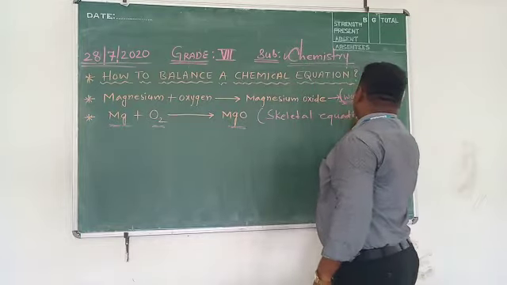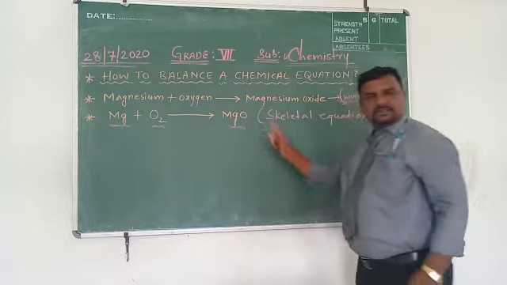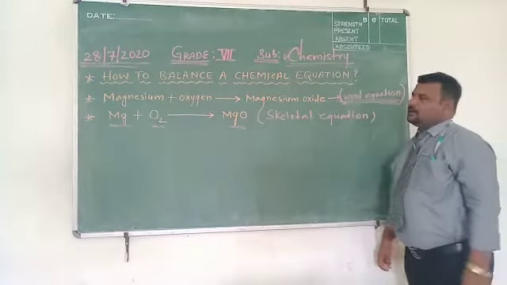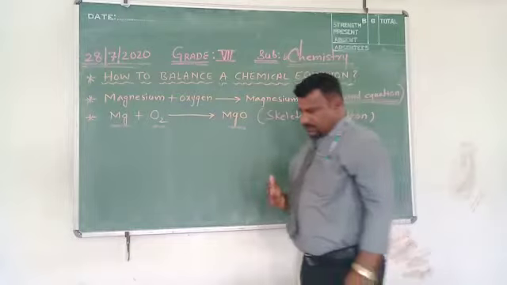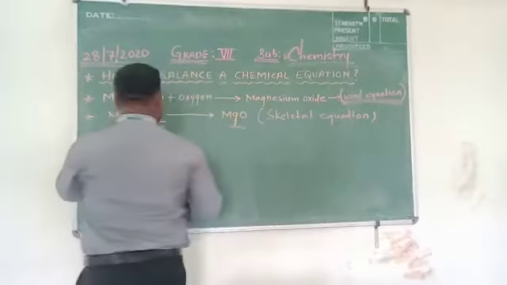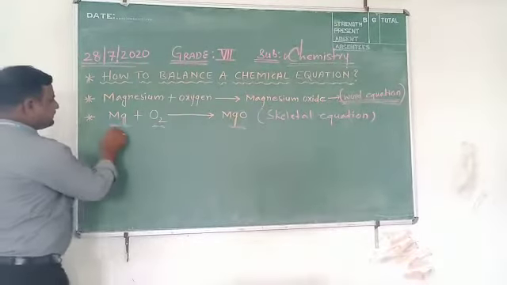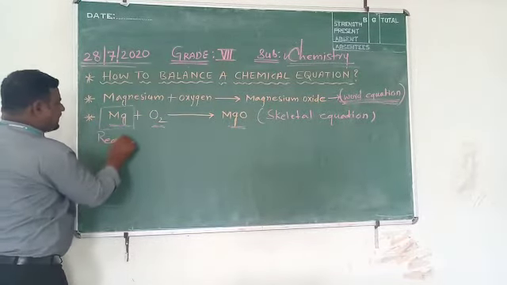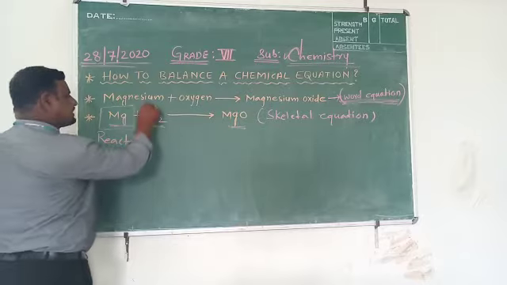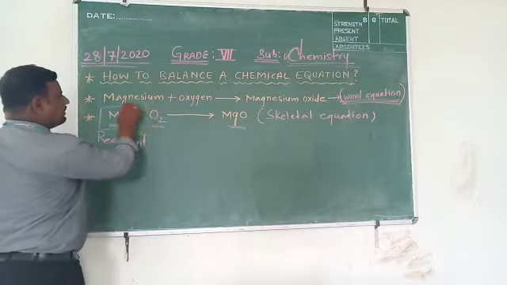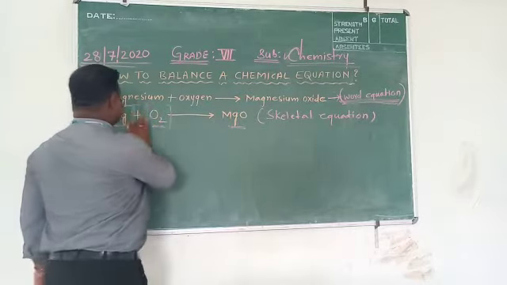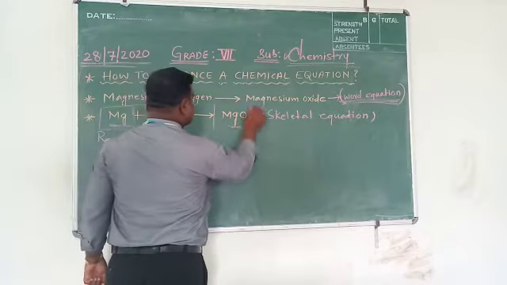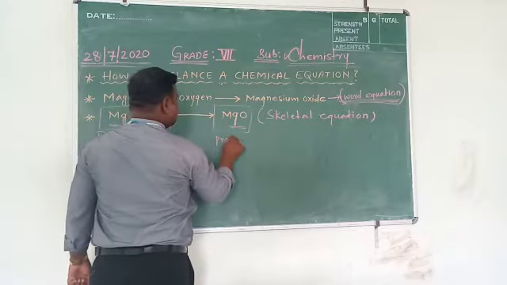Skeletal equation. Now why are we calling this a skeletal equation? Because this left side is the reactant side. In an equation, this side we call the reactant side, and this right side we call the product side.